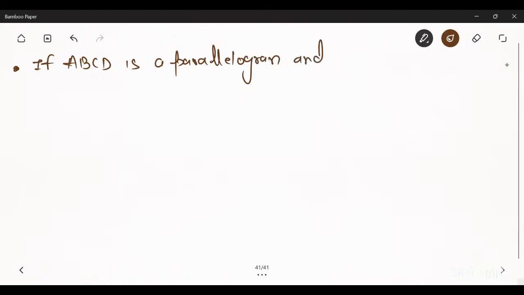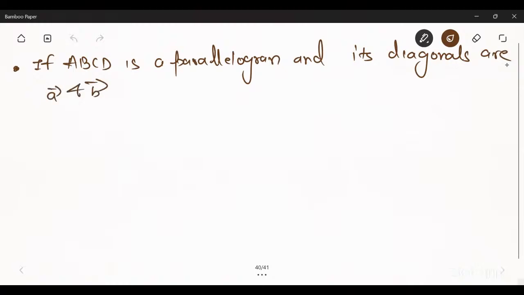Now, the next condition is if ABCD is a parallelogram and its diagonals are A vector and B vector.